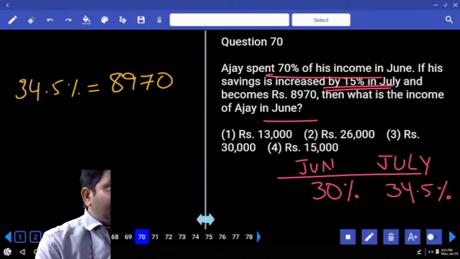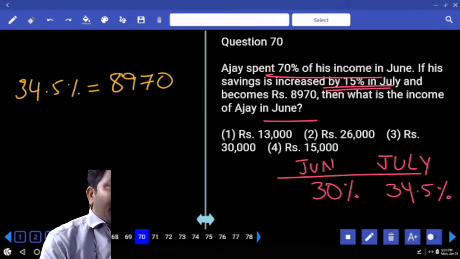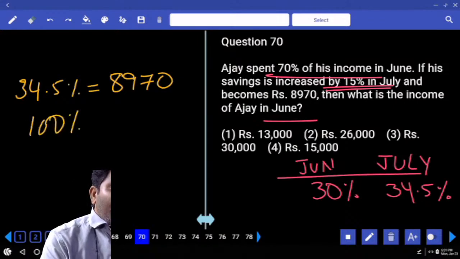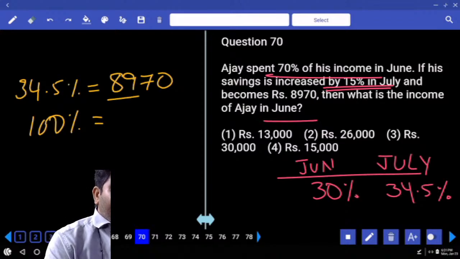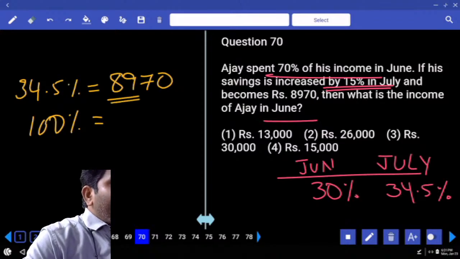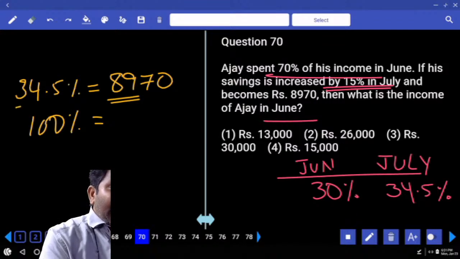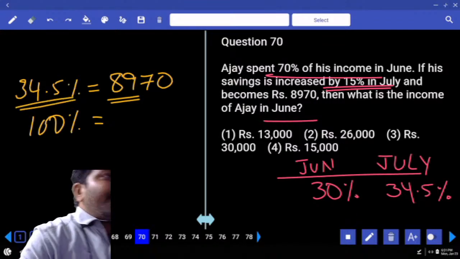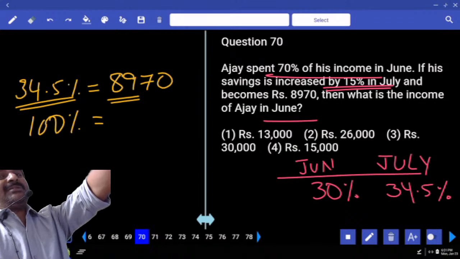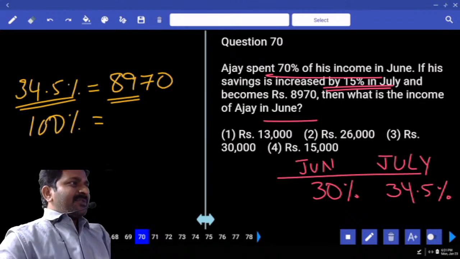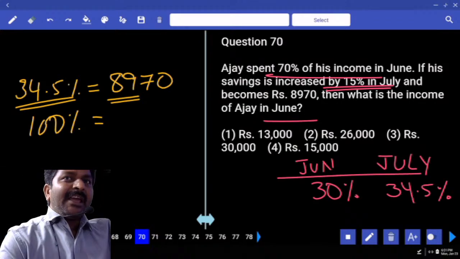What is your question? Income in the month of June, how much was it? 100%. First 2 digits, what are they? 89. On the left hand side, what is there? 34.5. Can it be 3 times?